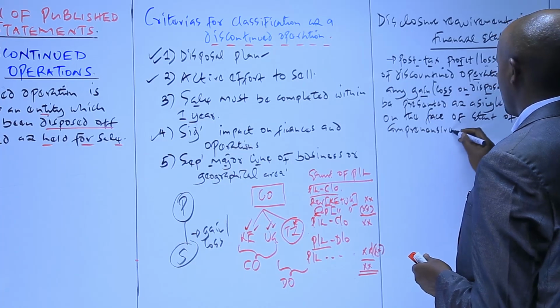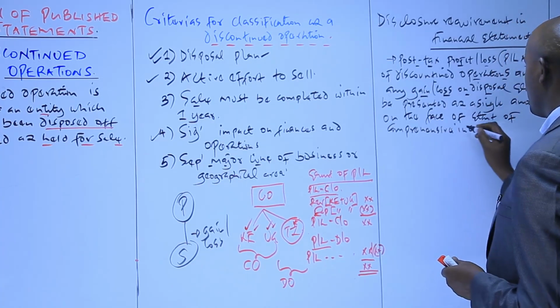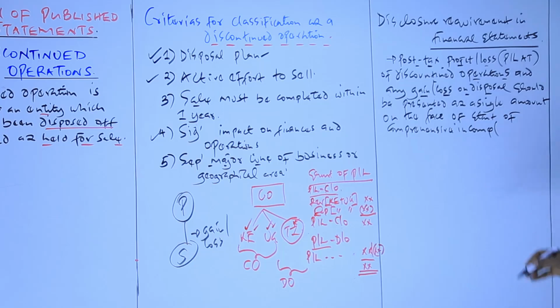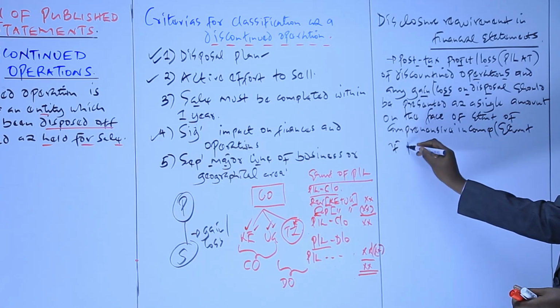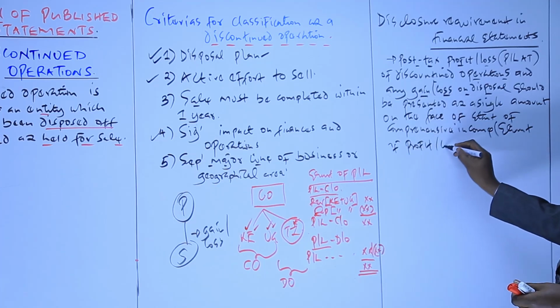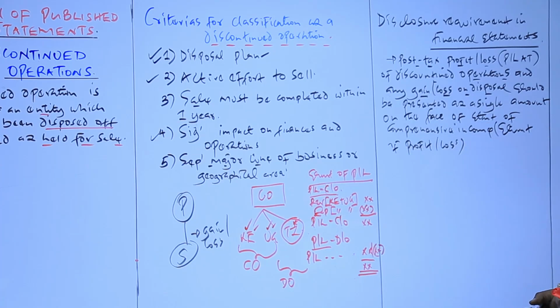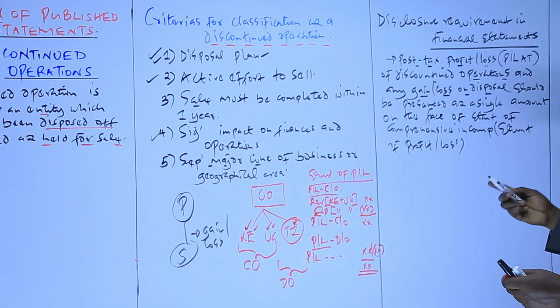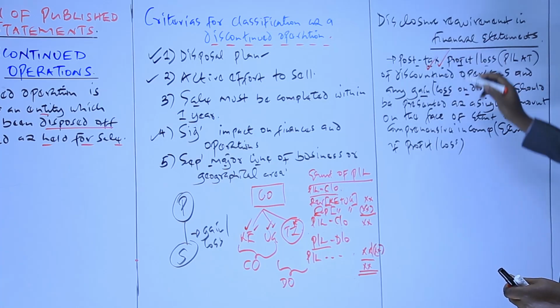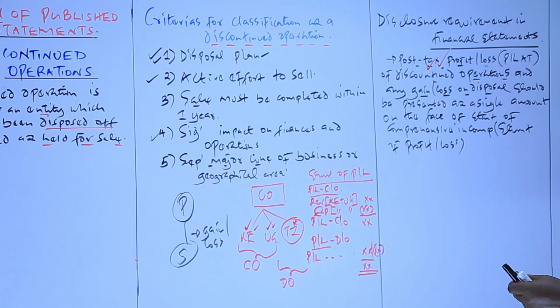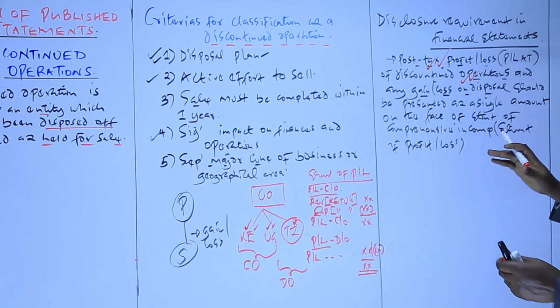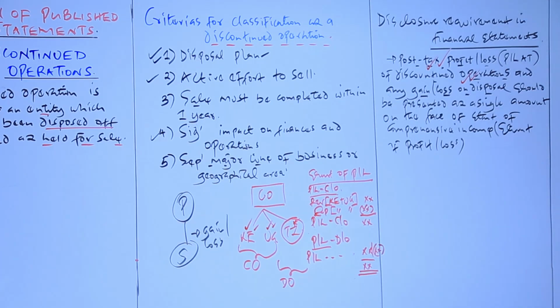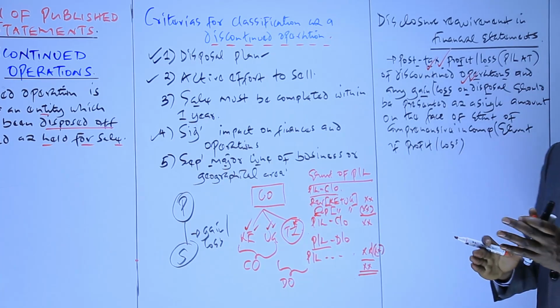So in this case, when we talk about the statement of comprehensive income, basically we are talking of the statement of profit or loss, which in other terms you also refer to as the income statement. It is very important that profit or loss after tax from discontinued operation should not be combined with the profit or loss from continuing operation.